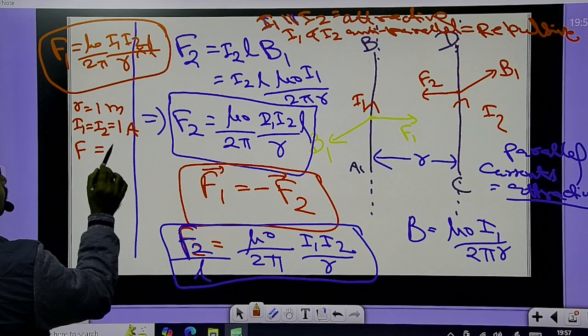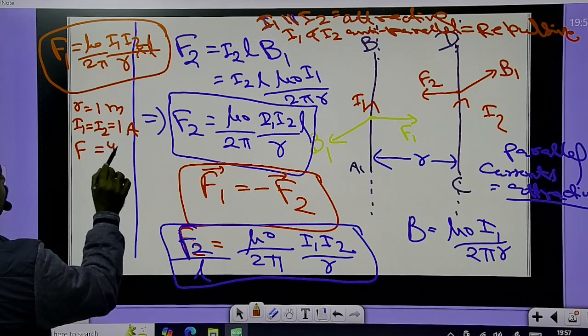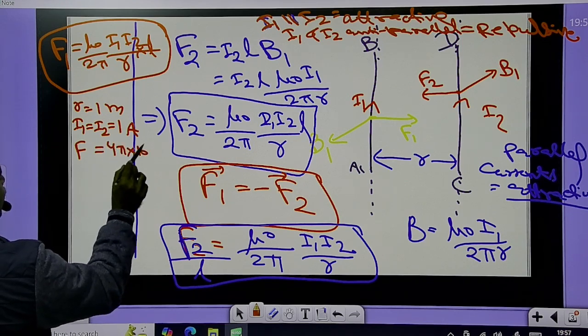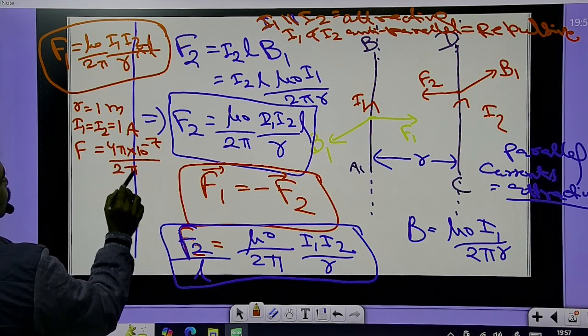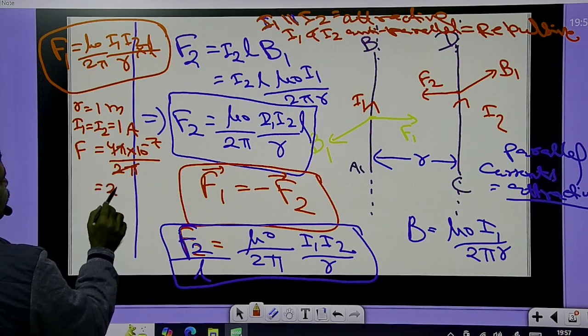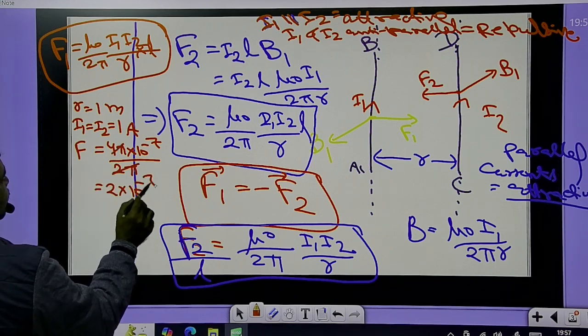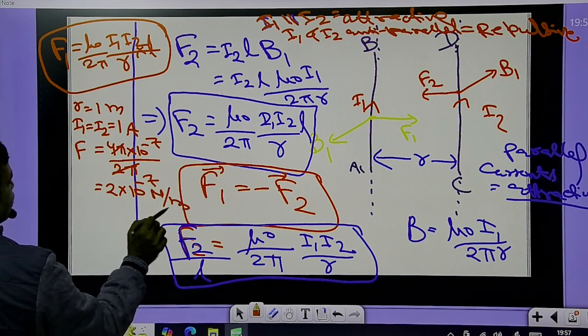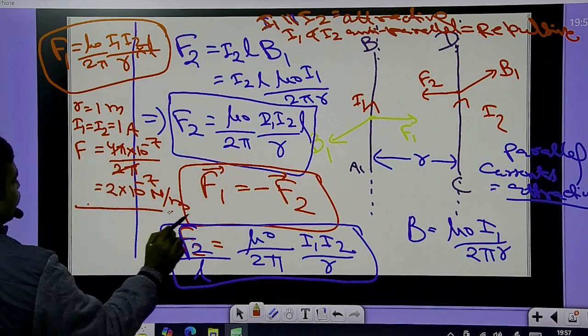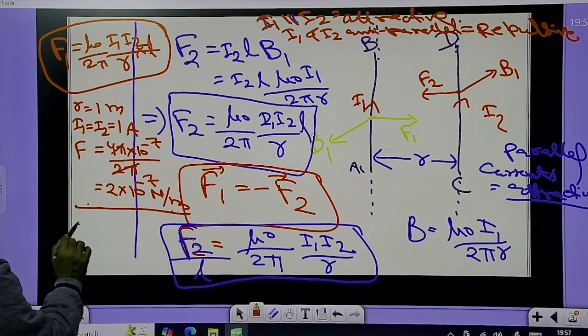Your force will be equal to, you know, mu naught value is 4 pi into 10 to the power minus 7 upon 2 pi. So this will be equal to 2 into 10 to the power minus 7 Newton per meter. So here you can define current of 1 ampere.